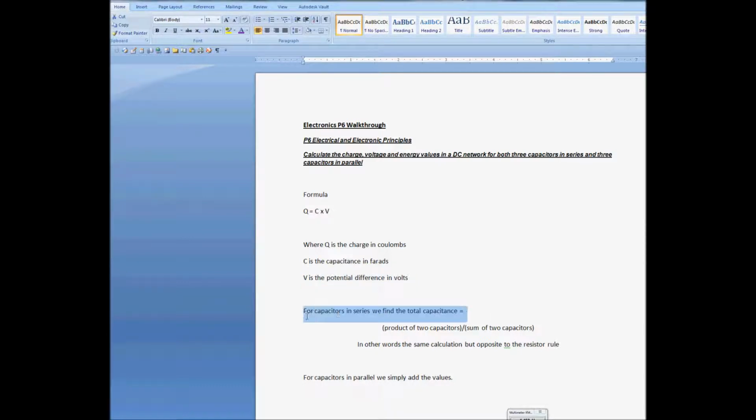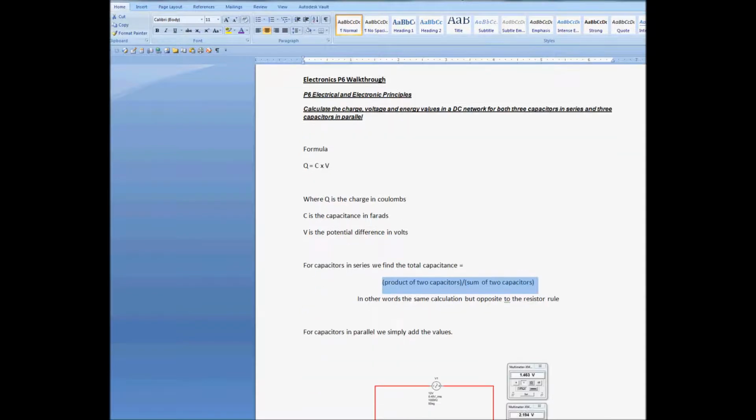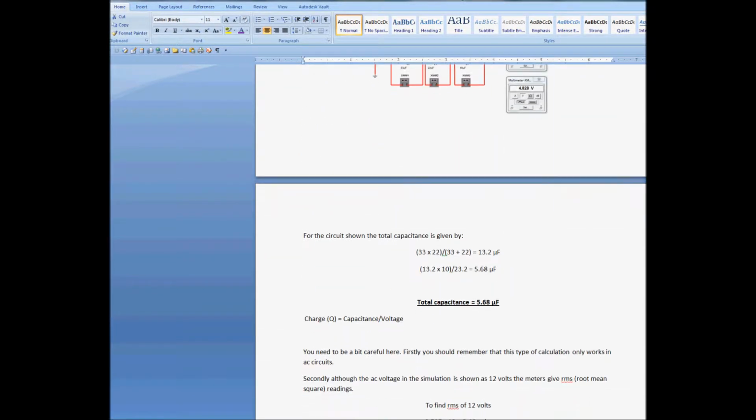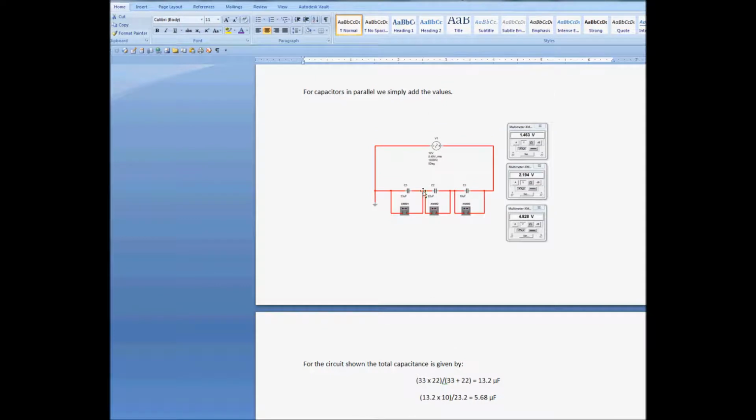For capacitors in series, we use exactly the same calculation, product over sum, that we do for resistors in parallel. It's exactly the same, it's just that we use it for capacitors in series. So taking all of these capacitors, I've started with 33 microfarads and 22 microfarads, and I do that particular sum here.